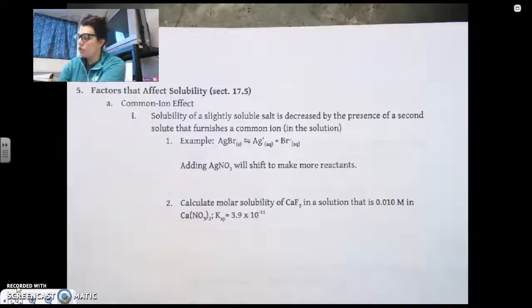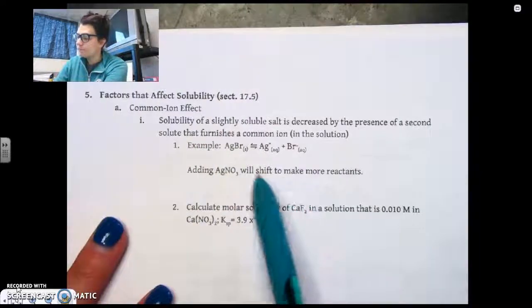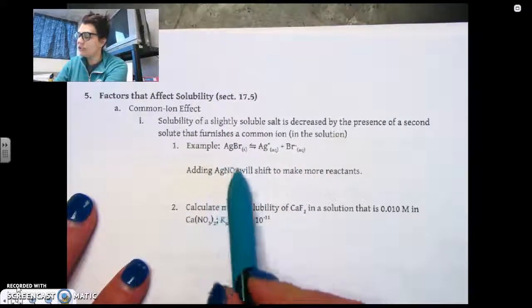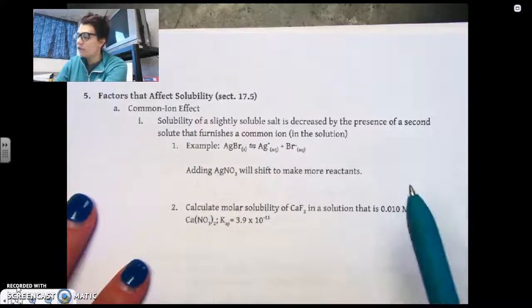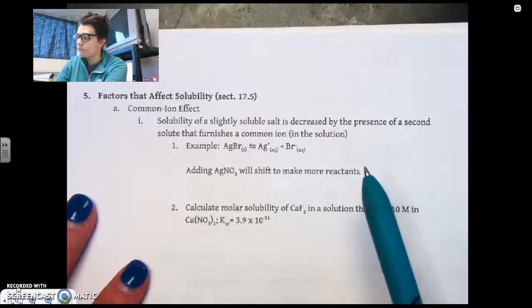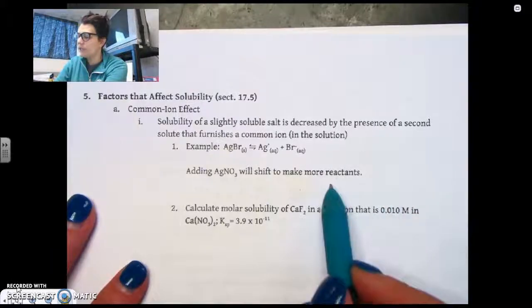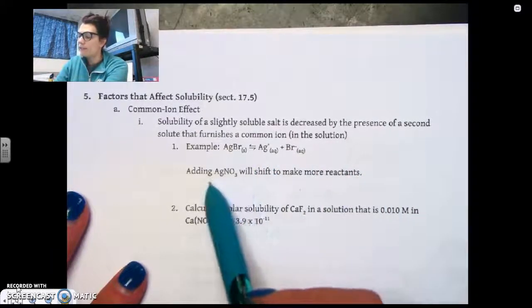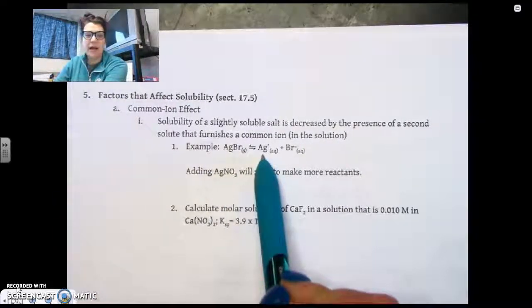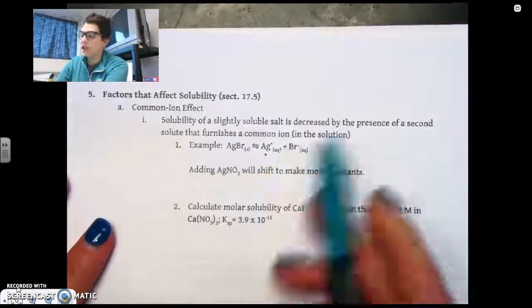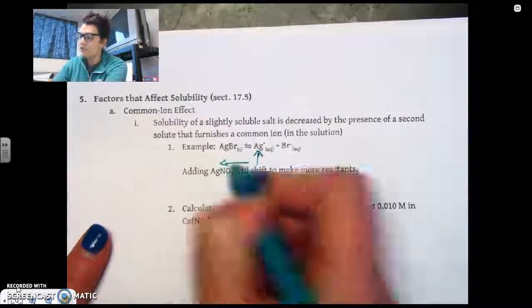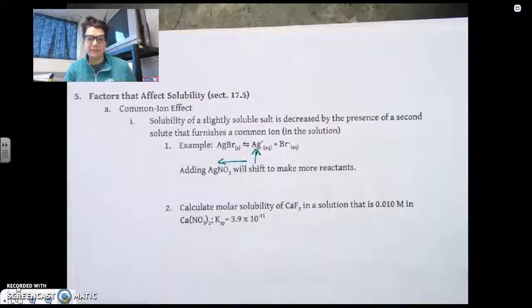So here, if we look at this example, if I add silver nitrate into the solution, I'm actually making more products. If I'm adding silver nitrate, that ultimately means I'm adding more silver ions, which, just like what we did with Le Chatelier, if I increase that, it's going to shift to the reactant side.